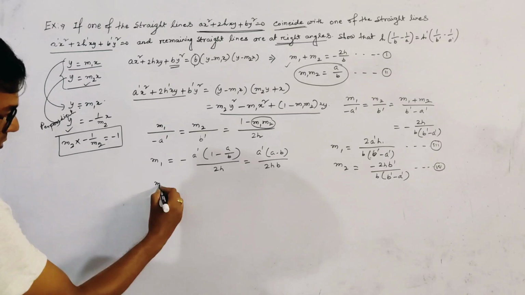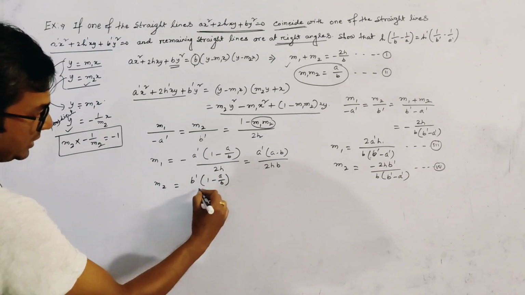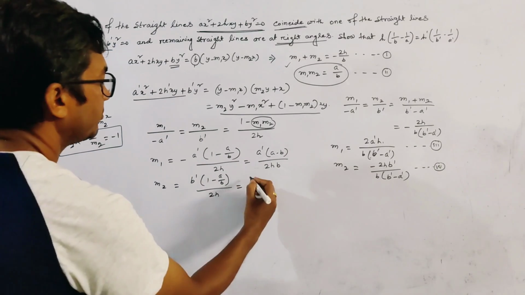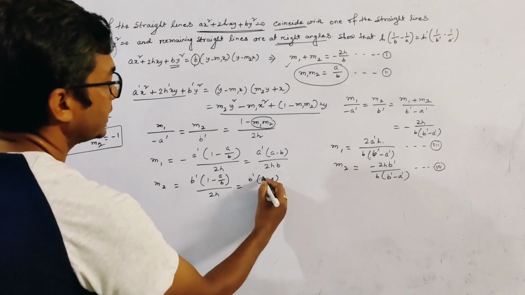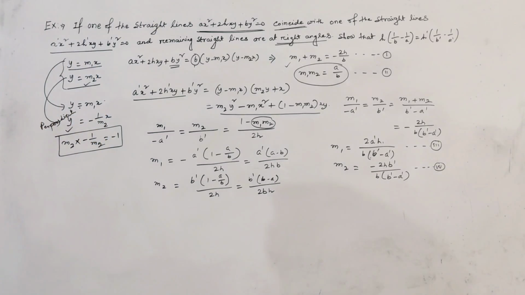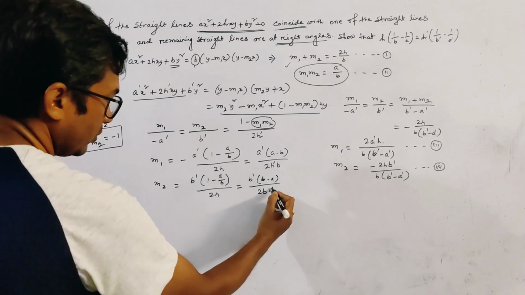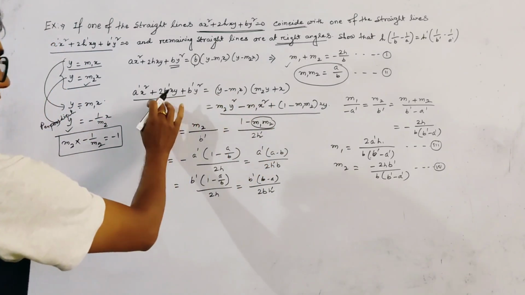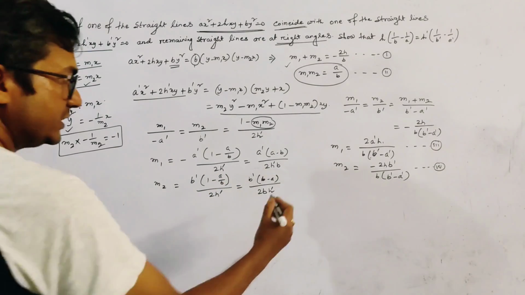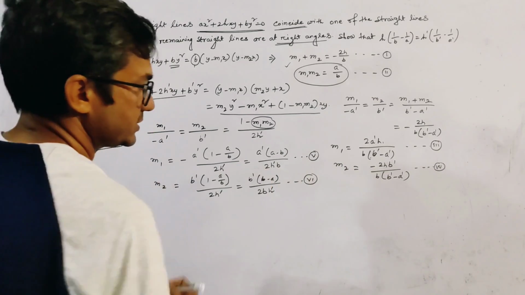Similarly m2 = b'(1 − a/b)/(2h'), and we get b'(b − a)/(2bh'). Sorry, this is not h, this is h', here also h', because the coefficient of this is 2h'. Now we name this relation number 5 and this relation number 6.